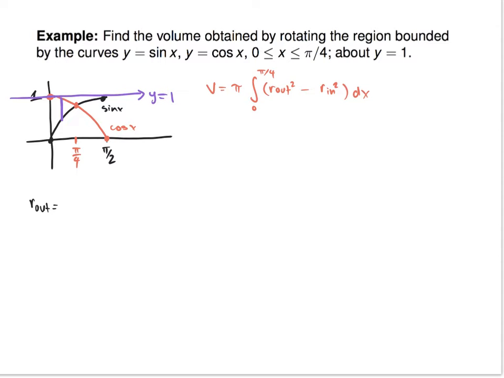So how far is it from y equals 1 to that outer curve? Is it just sine x? It's 1 minus sine x. What's r in going to be? 1 minus cosine x. Oh, goodness.